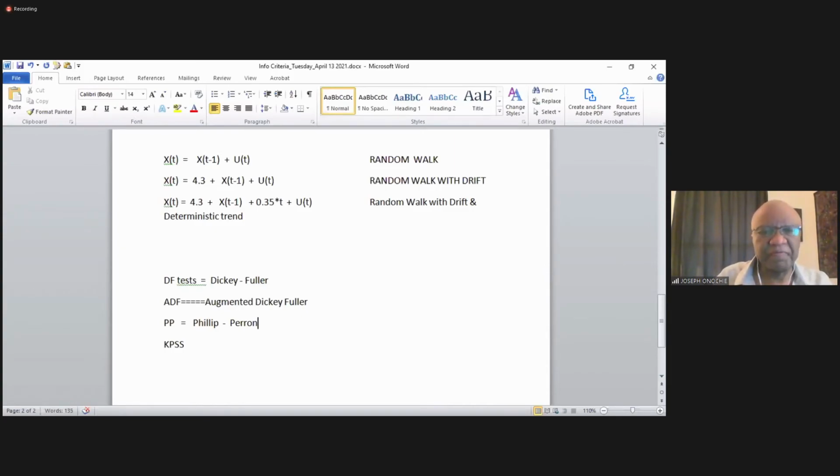You will see all of this when we begin to do the R. And this one is long: K-W-I-A-T-K-O-W-S-K-I, Kwiatkowski, Philip, Schmidt, and Shin, S-H-I-N.